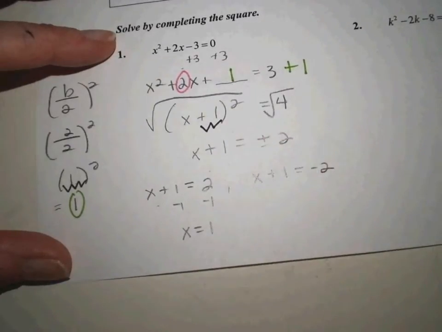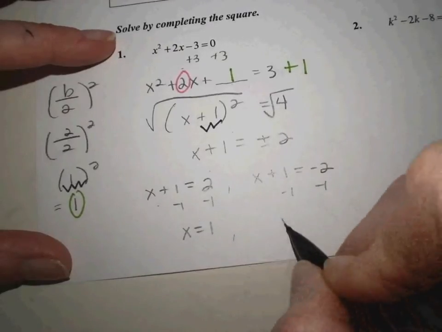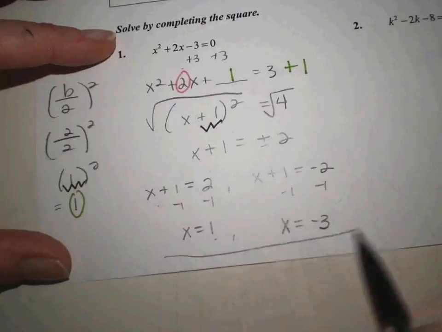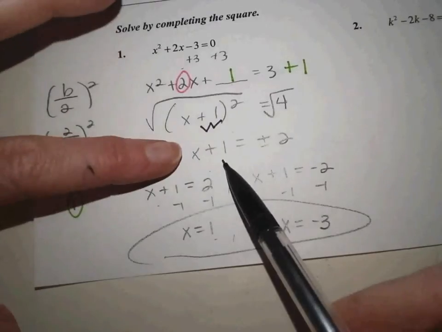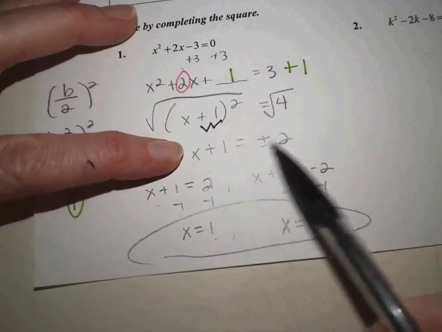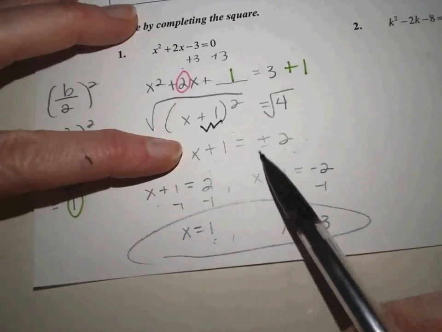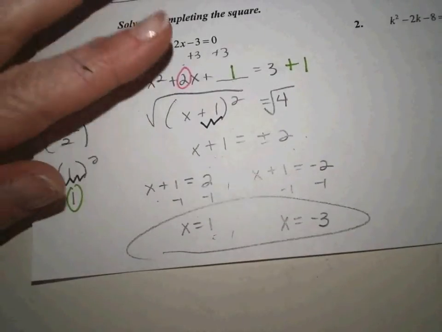This is where we subtract 1 from both sides and get x equals 1 and x equals negative 3. A common mistake is to subtract 1 and say it's plus or minus 1. If you subtract 1 from 2, it is 1, but when we subtract 1 from negative 2, it's negative 3.